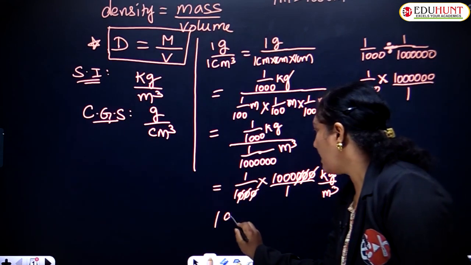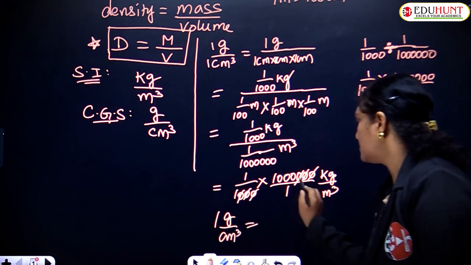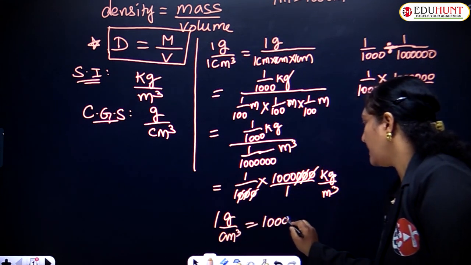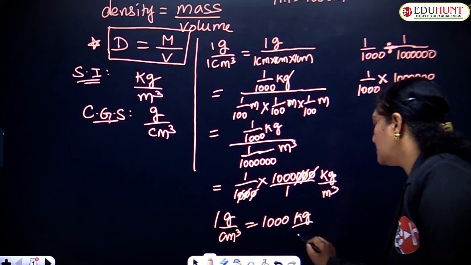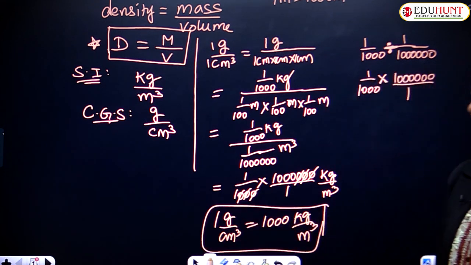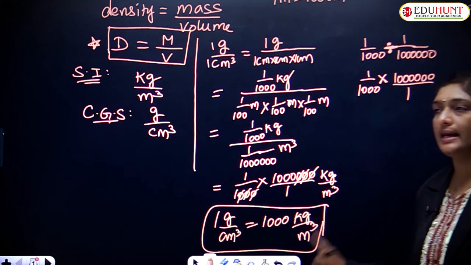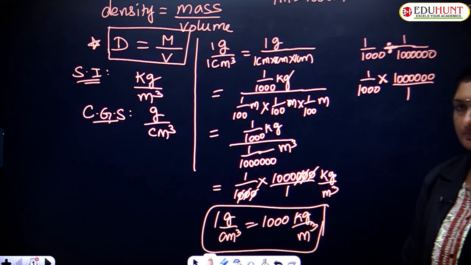Hence clearly, 1 gram per centimeter cube is equal to 1000 kg per meter cube. So try to remember this, children. 1 gram per centimeter cube is equal to 1000 kg per meter cube.